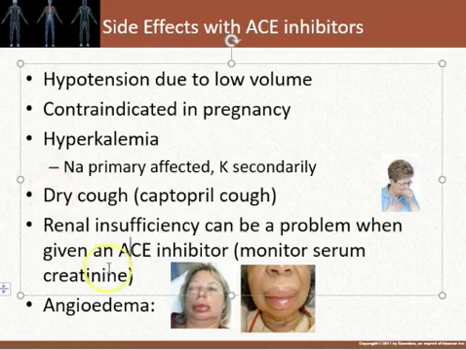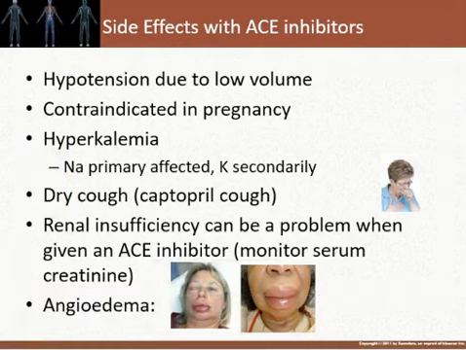And then the other thing, and this is a side effect that's typically asked about on boards, is the production of angioedema. So this is a swollen side effect where basically the lips, and it's more pronounced on the lips, but it can also be in the hands as well. But there's basically a swollen accumulation of fluid within the vessels, and typically patients will present with these swollen lips.